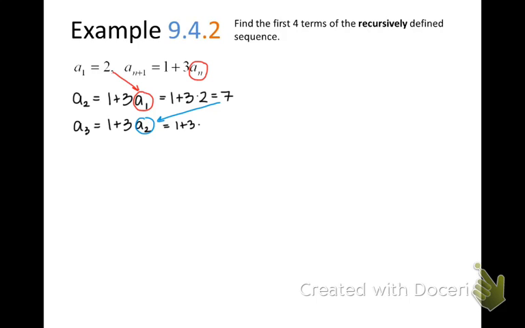So 1 plus 3 times 7, which is going to be 22. Okay? So then when we jump down to a sub 4, that's 1 plus 3 times a sub 3. And again, I'm plugging this value in from the previous term.